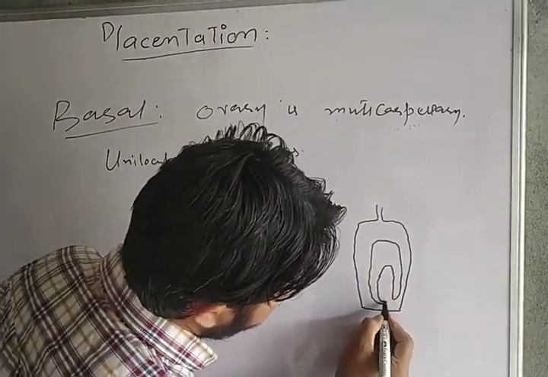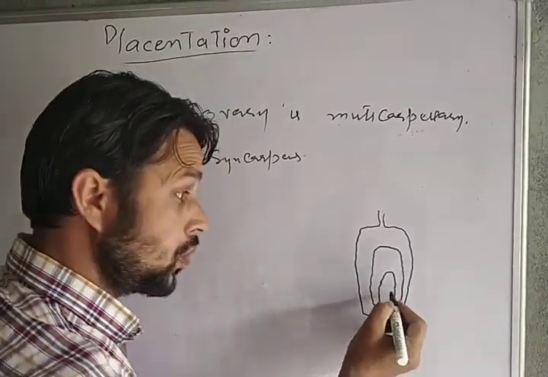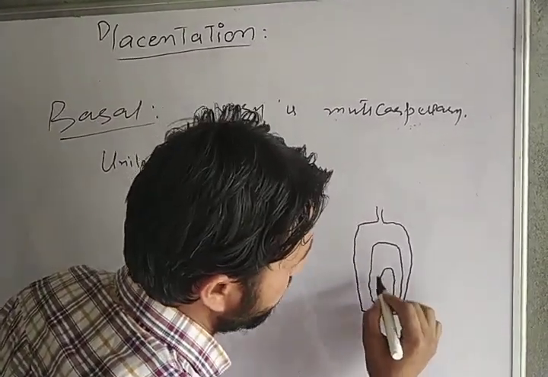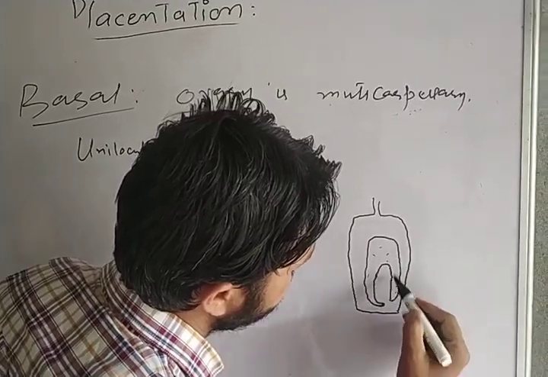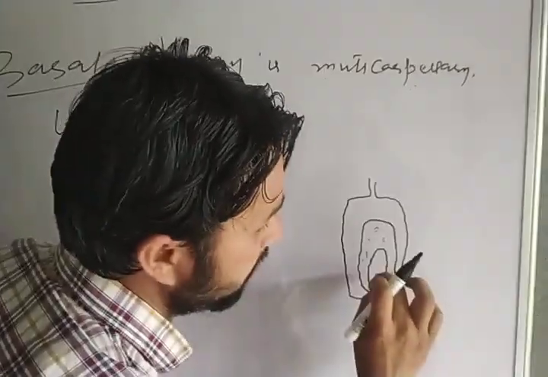The ovule develops. This is the representation of the ovule. The ovule develops at the base of the ovary by fusion of carpels.